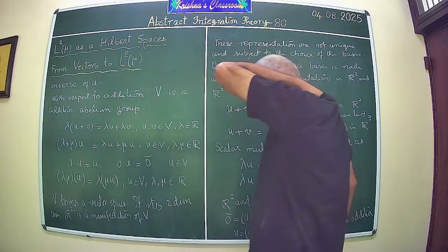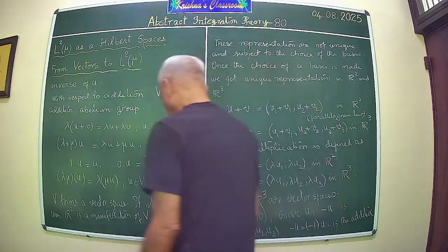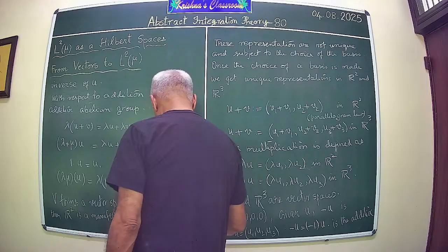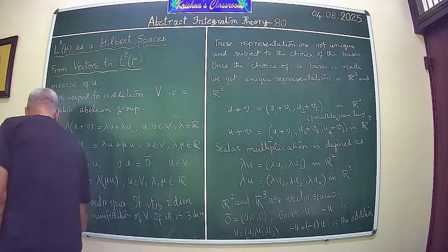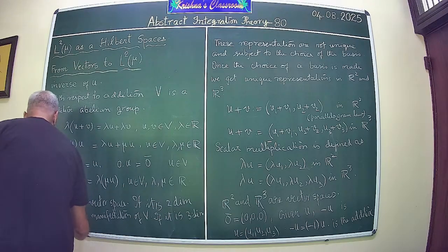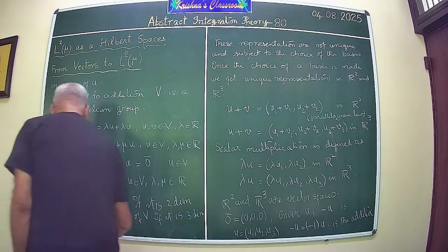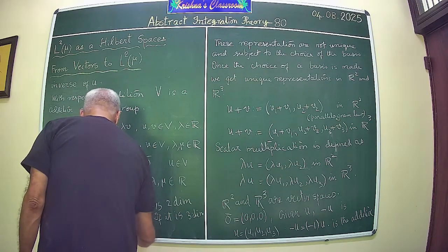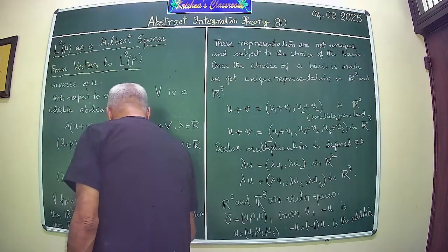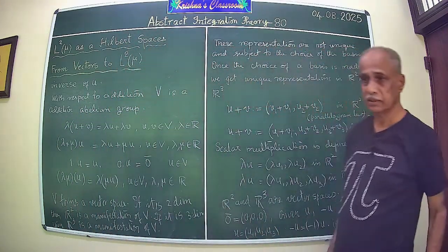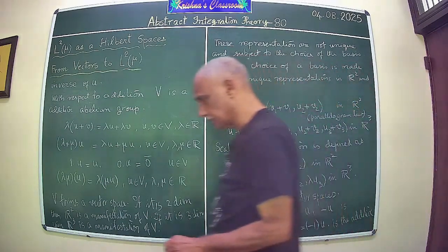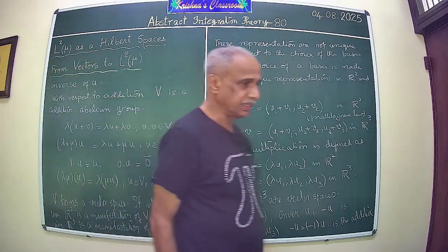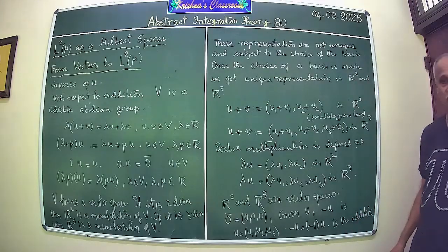So also three-dimensional, then R3. Now you see that a few important things that we have to say is that we are talking about two-dimensional and three-dimensional vector spaces over R.